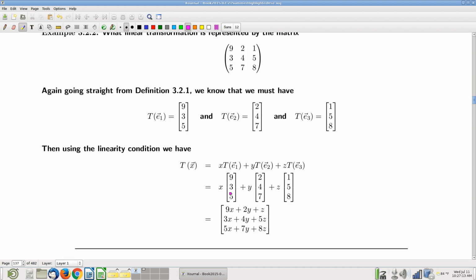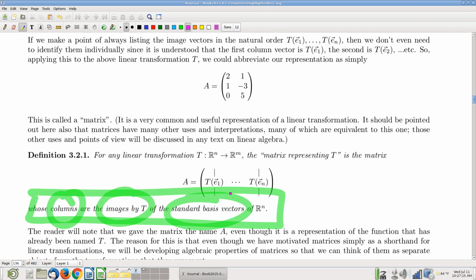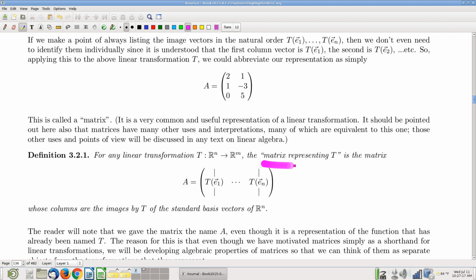So a matrix is a shorthand for a linear transformation. I want it to be a little bit more than a shorthand. It turns out to be very convenient to have further shorthands, you might say. So what I'd like to do is think of a matrix not simply as a shorthand representing a linear transformation, but as an object on its own that can do its own things.